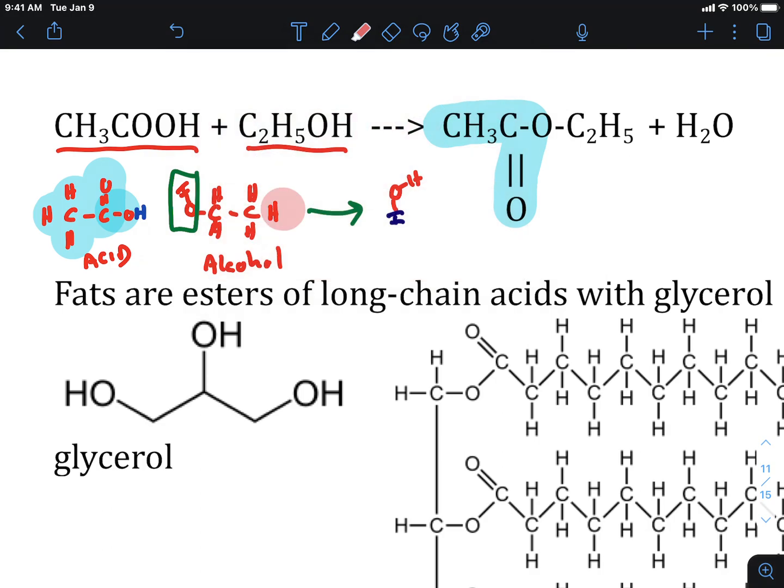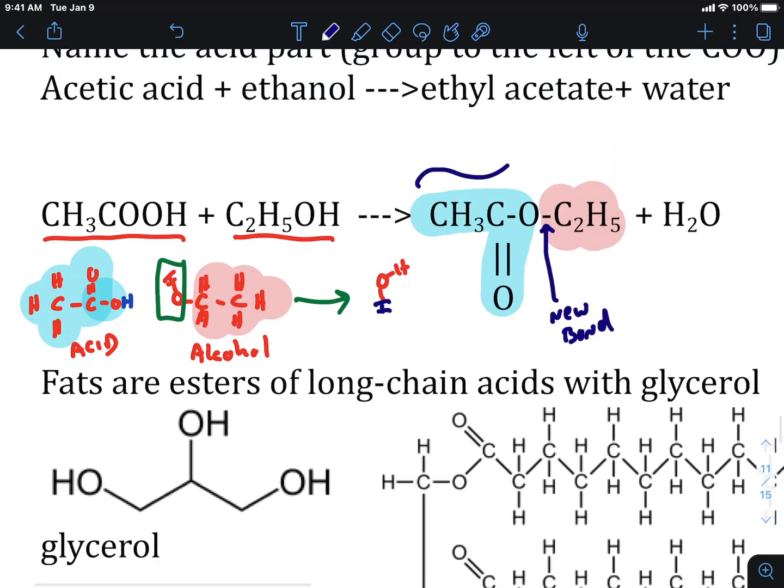And the remainder of the alcohol is this. So we have a new bond formed right here that joins the alcohol component with the acid component. And this, collectively, this new molecule is called an ester.